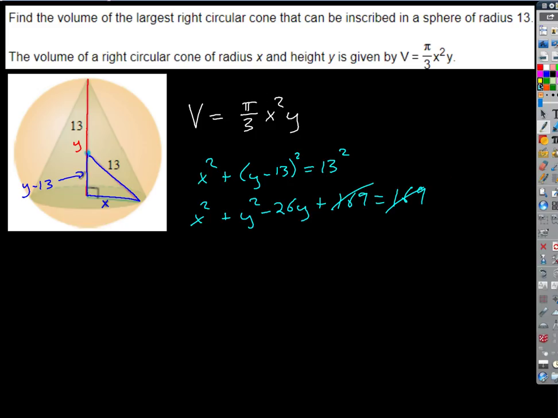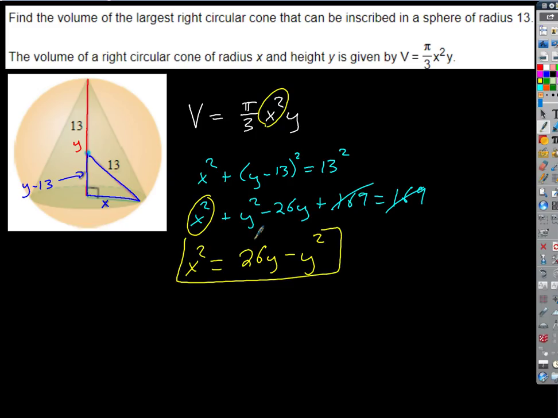Everybody see that? I've got an x squared there and an x squared there. I don't have a single y, so that's the connection we want to make, right? So we get x squared equals, if I move these terms to the other side, I get that substitution equation. Pause there. Does that all make sense?